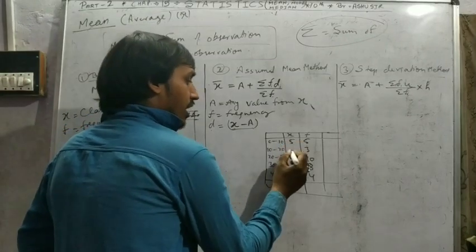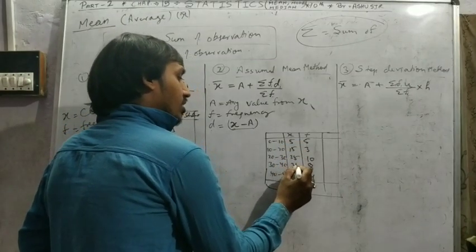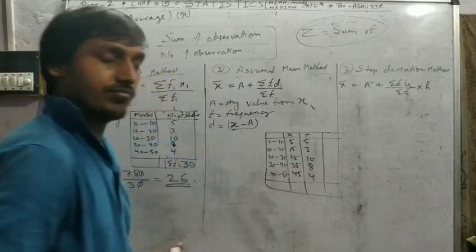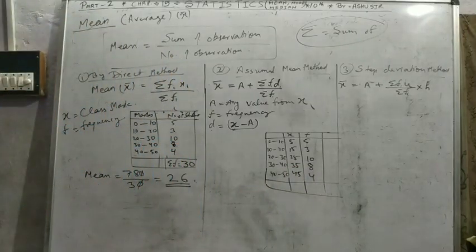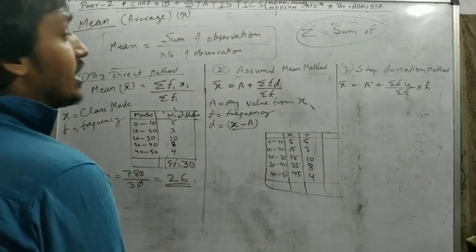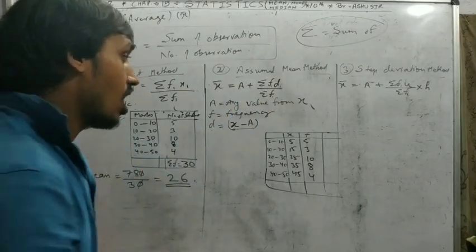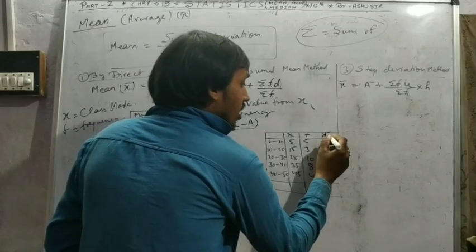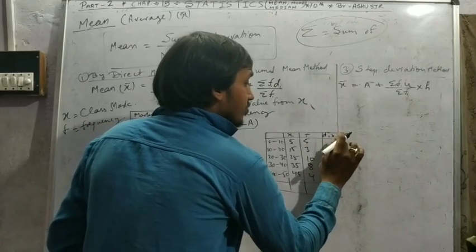X: 5, 15, 25, 35, 45. This is the x. And f, what do we want? D. So we make another table for D, x minus a.